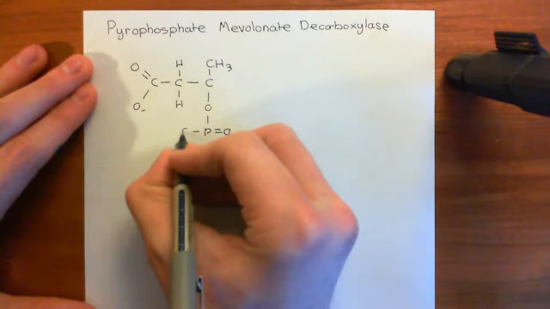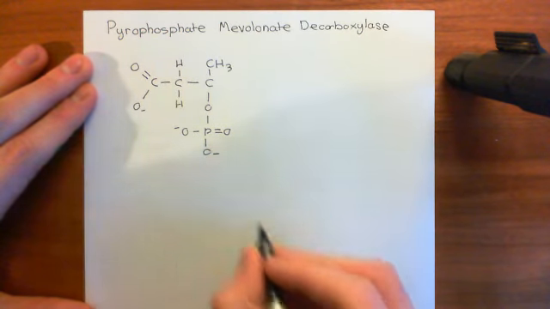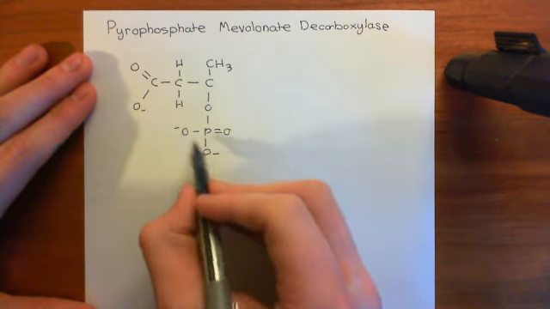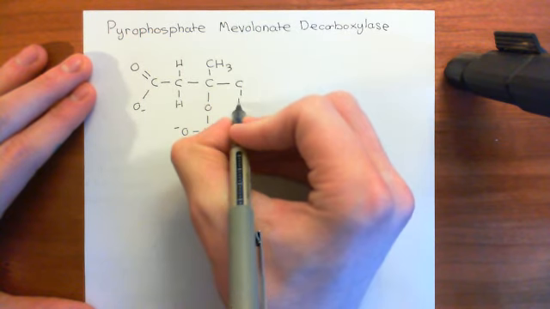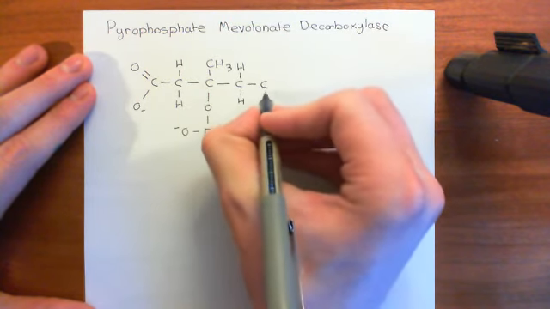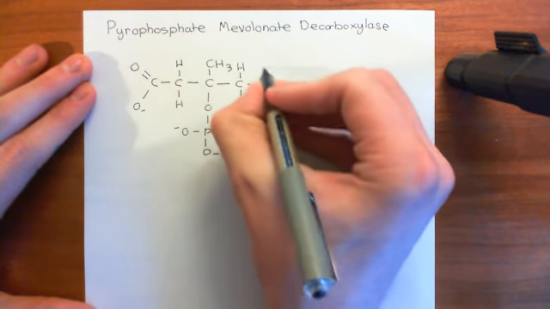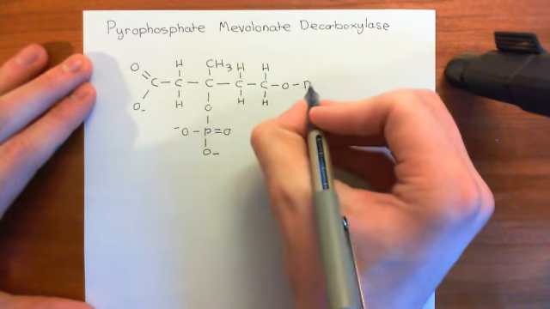And remember, as always, this phosphate group generally under physiological pH will have lost both of its protons, and therefore we'll have these 2 oxygens now with negative charges. Then off the 4th carbon we have 2 hydrogens, and then the 5th carbon, we've got our pyrophosphate molecule linked off the alcohol group off the 5th carbon.